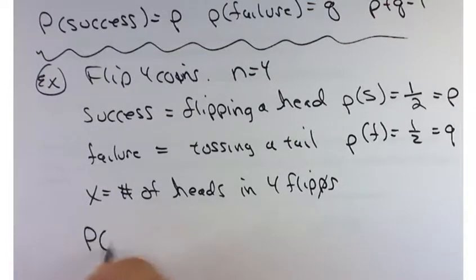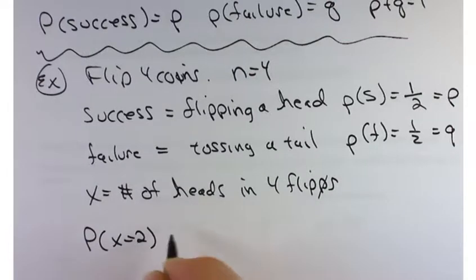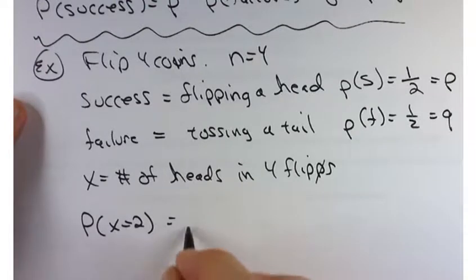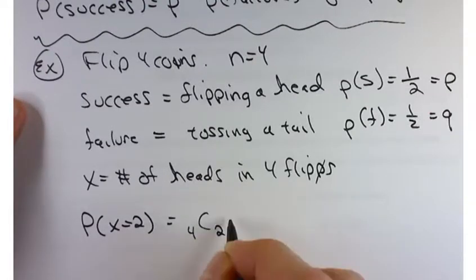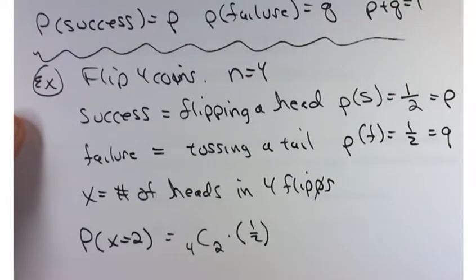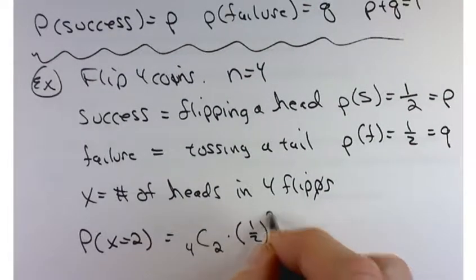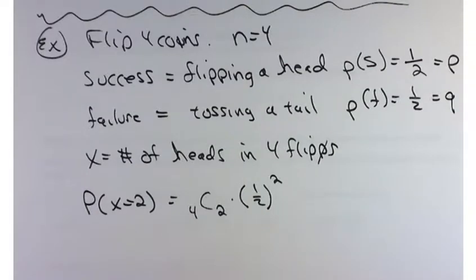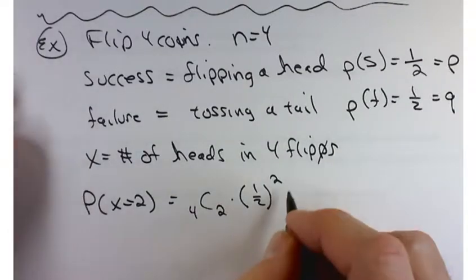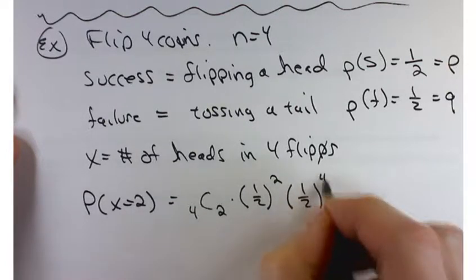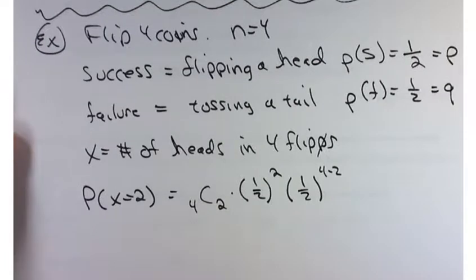So it's P of X equals 2 is going to be 4 choose 2 times 1/2 to the 2 power. I have 2 successes. Probability of each success is 1/2. And the failures, the rest of these are failures, 4 minus 2, again to the 1/2 power.